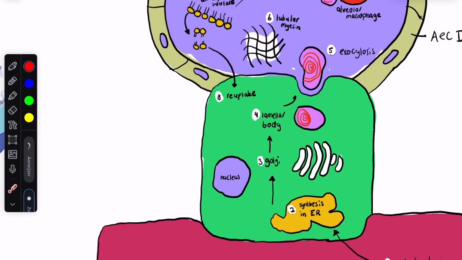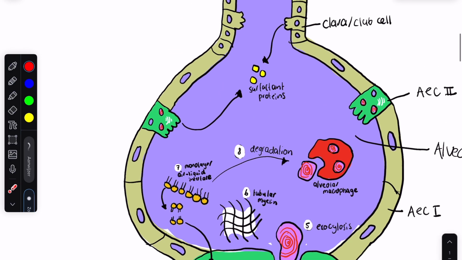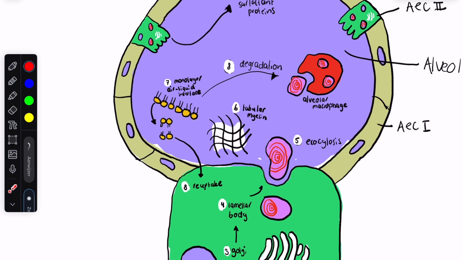Then the surfactant will be modified within the Golgi apparatus. Then from the Golgi apparatus, the surfactant and the proteins will be collected within a lamellar body, which is a kind of collection structure that collects all of these parts. And then the lamellar body will eventually be exocytosed into the alveolus here, with all the components still present.